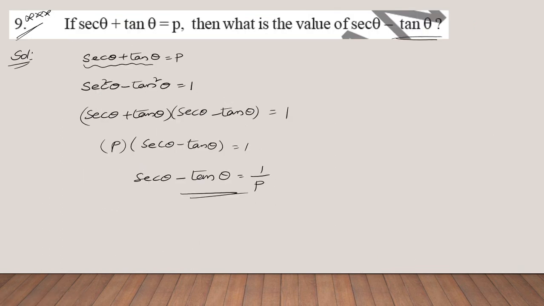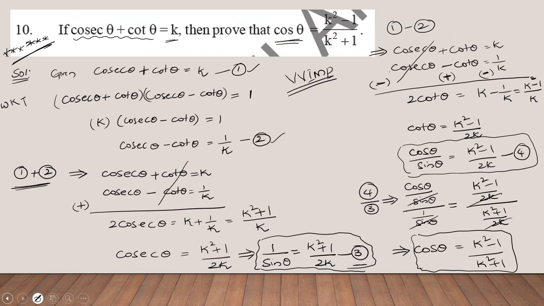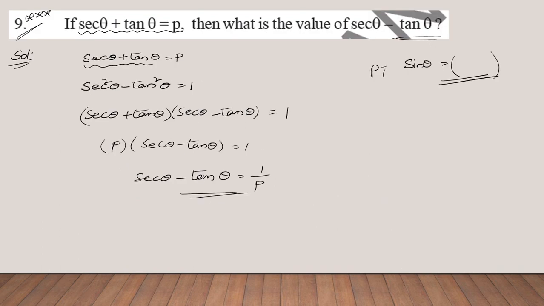In the same way, the same question he might give as secant theta plus tan theta is equal to p. Then what is the value of sin theta, or prove that sin theta is equal to something like this. Okay, now my question for you is: consider secant theta plus tan theta is equal to p, and find the value of sin theta. What are you going to obtain for sin theta?